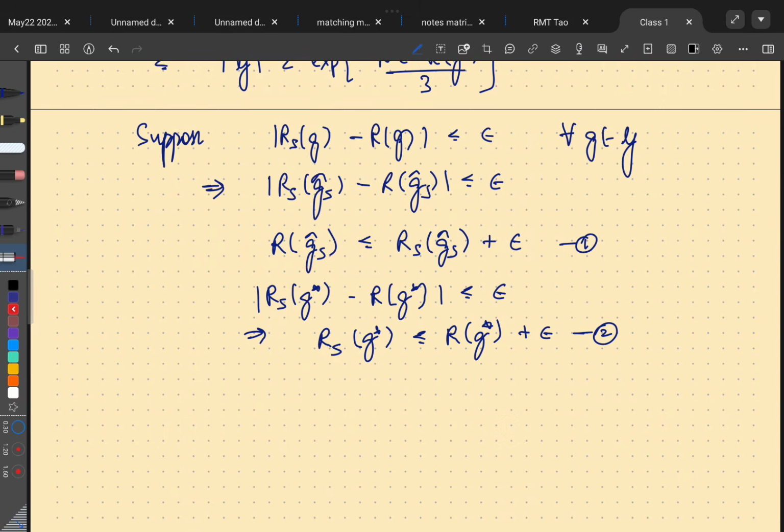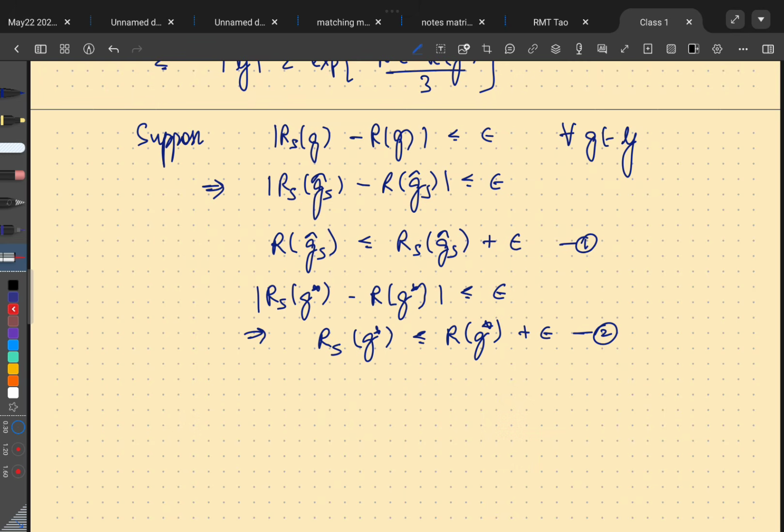Why did you assume that R of G hat of S is less than or equal to R of G of S evaluated at S? So this is some function, right? And since this holds true for every G, it should also hold true for G S hat.